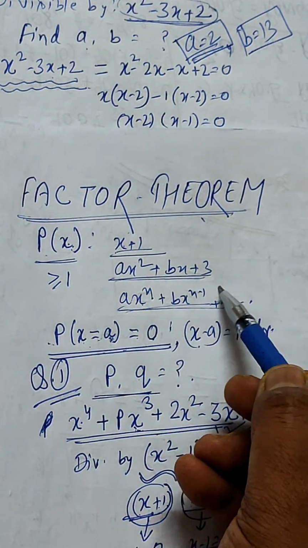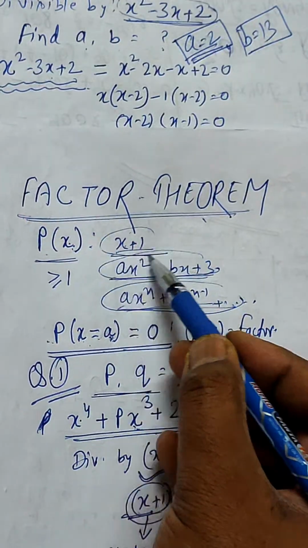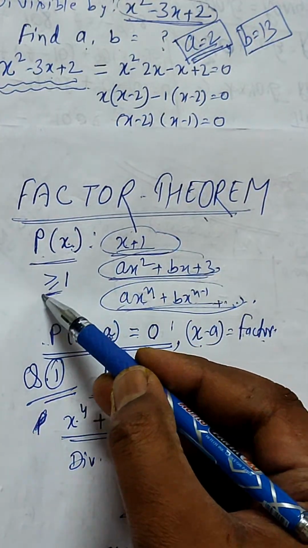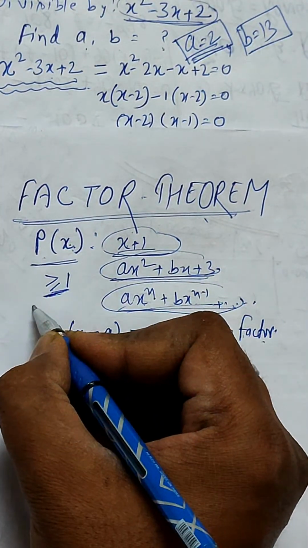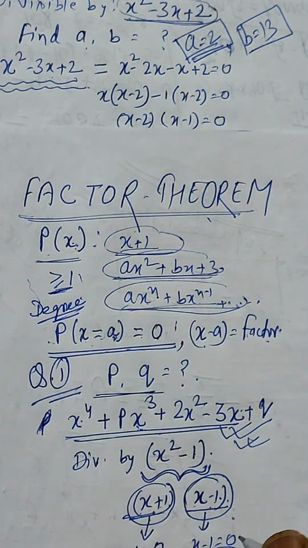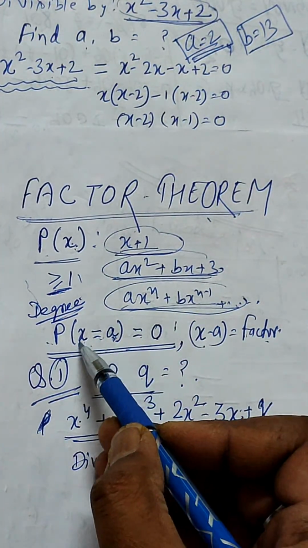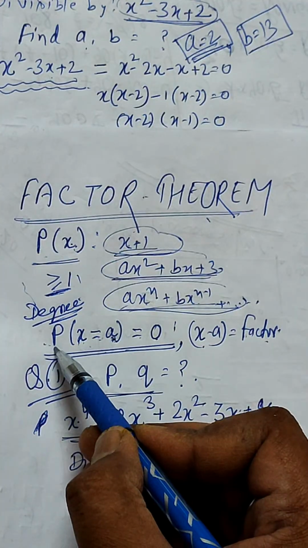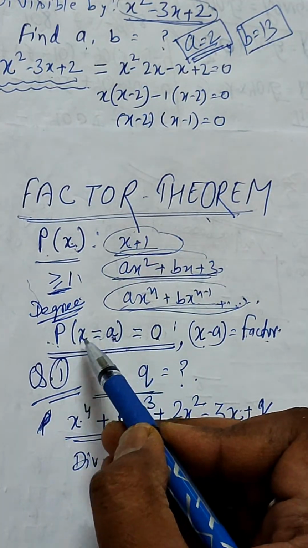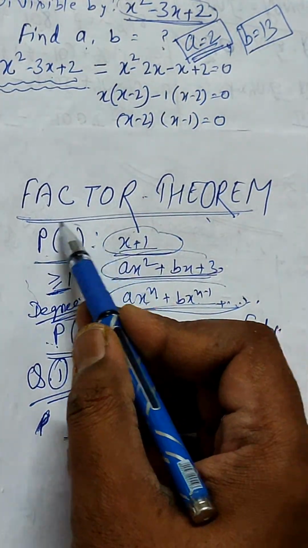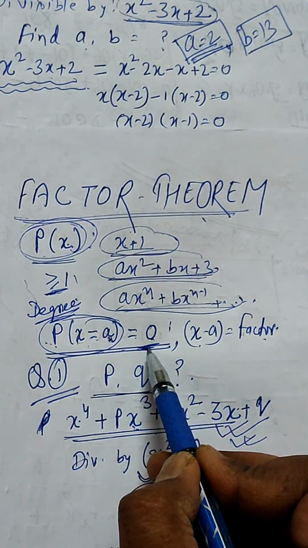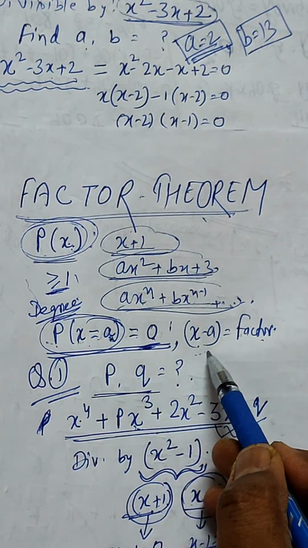This is the degree. The degree of the polynomial is greater than or equal to 1. Then for any real number, let's say a, if the given polynomial is equal to 0, that means when you put the value of that a in place of x, then the entire polynomial p of x will be equal to 0, then we can say that x minus a is a factor.